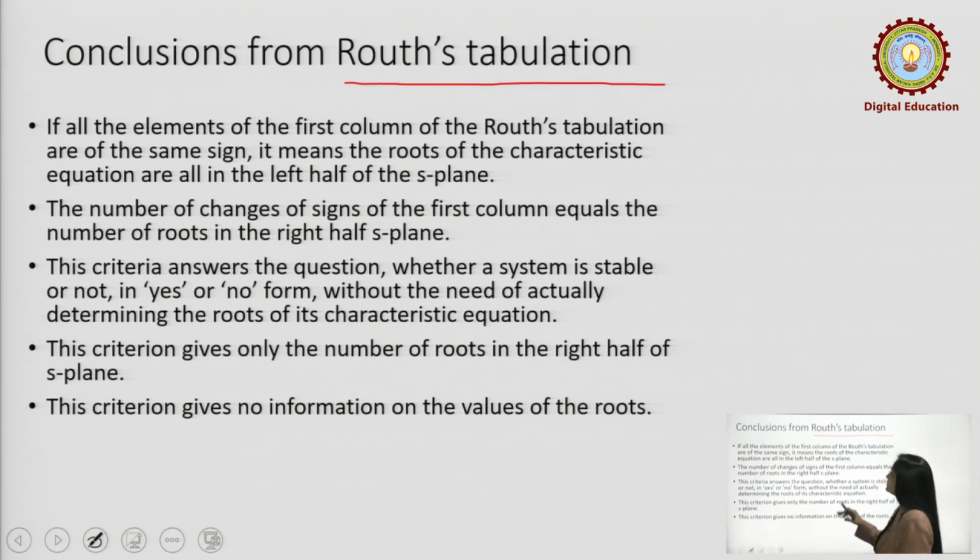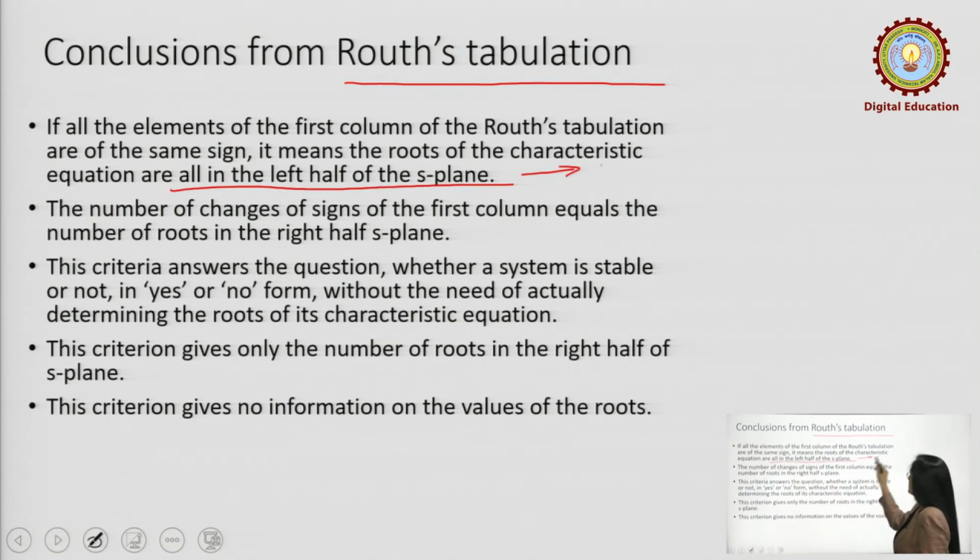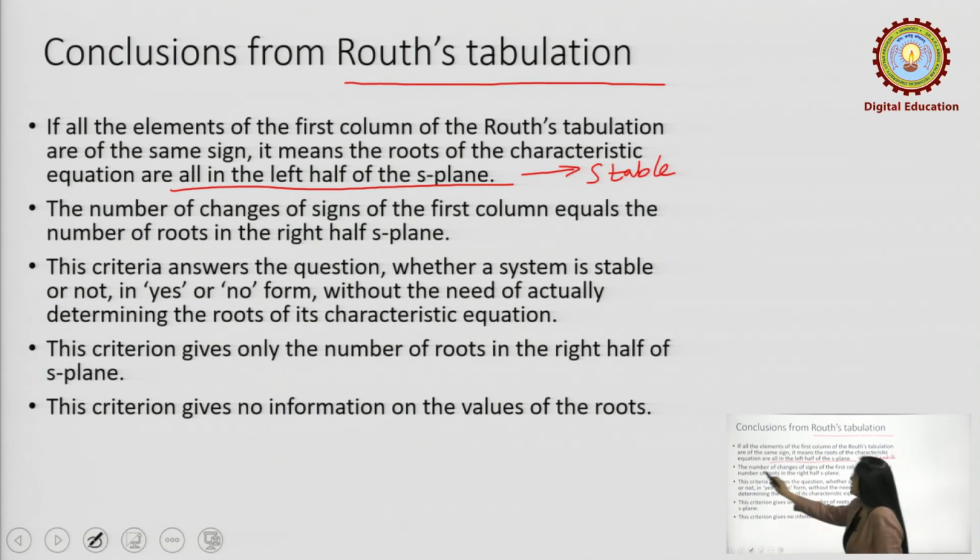So, just read this. If all the elements of the first column of the Routh's tabulation are of the same sign, it means the roots of the characteristic equation are all in the left half of the S plane. This means that the system is stable, and the number of changes of signs of the first column equals the number of roots in the right half S plane.